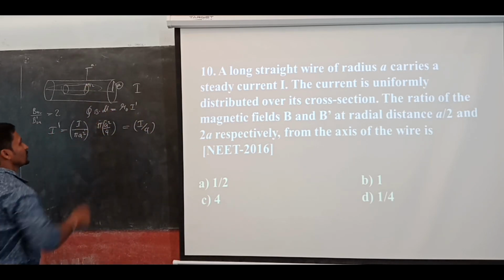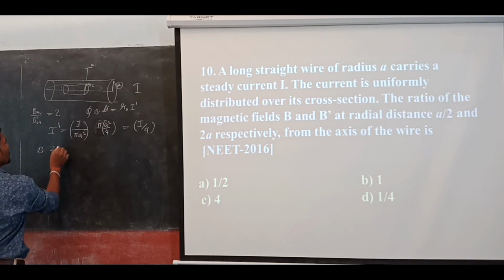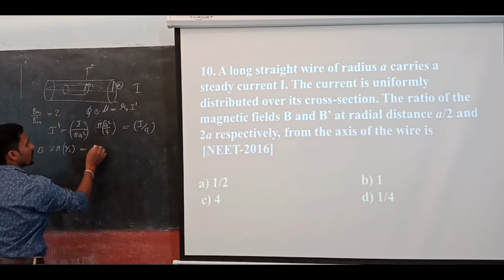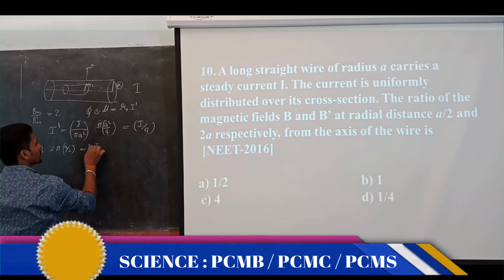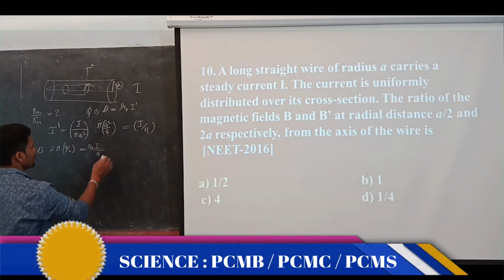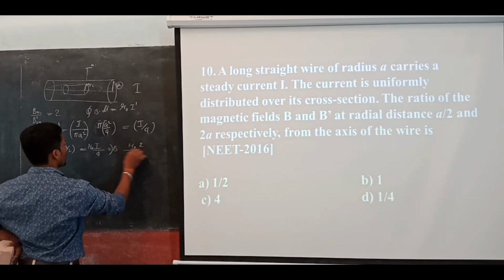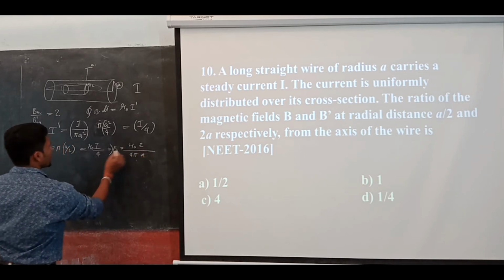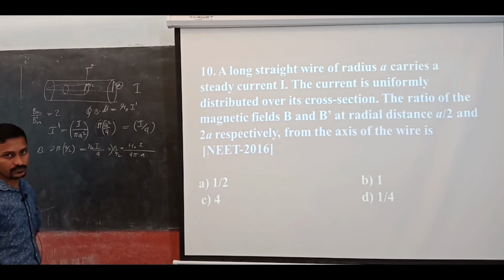Now apply this formula. So B into 2 pi r, where r is A by 2, is equal to I by 4 into mu naught. What magnetic field do you get? The magnetic field is mu naught I divided by 4 pi a, where 2 cancels, for A by 2. Now this I have got by applying Ampere's law.